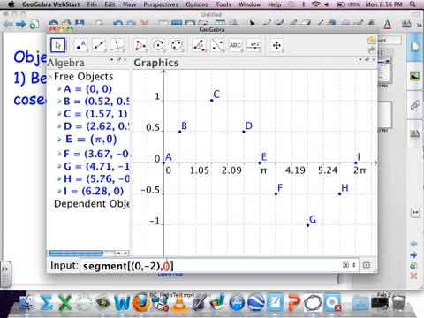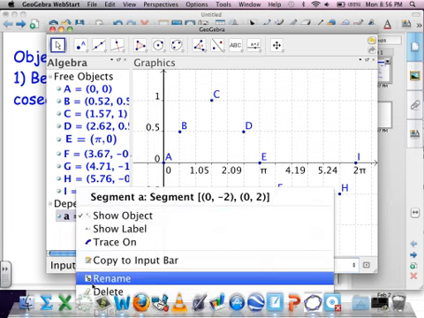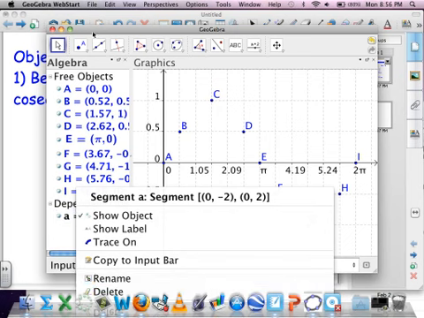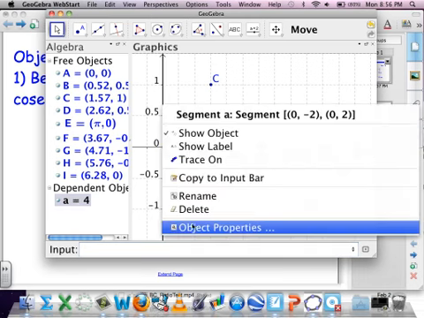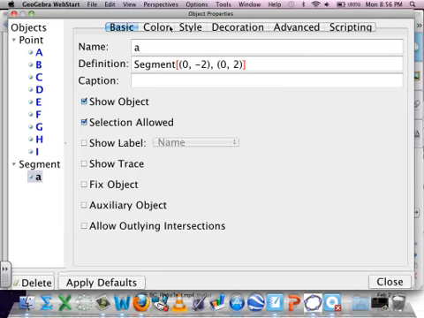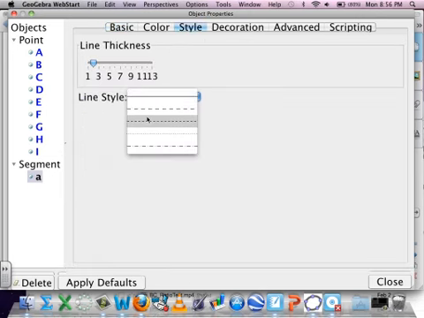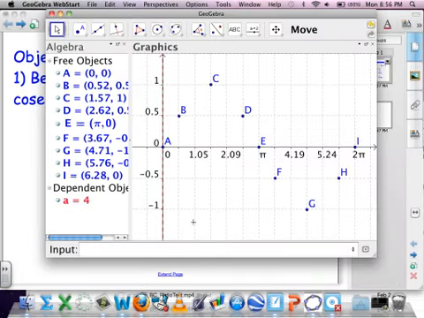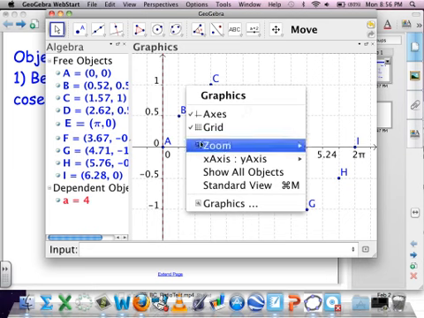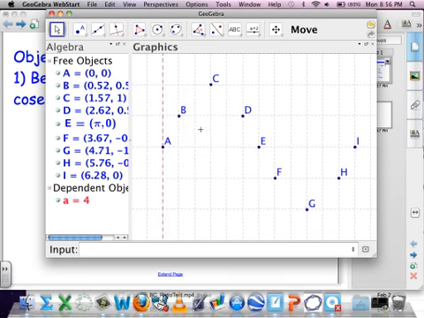I'm going to draw a segment from (0, negative 2) to (0, 2), and make it dotted and red. There we go. And I'll even turn off the axes there.